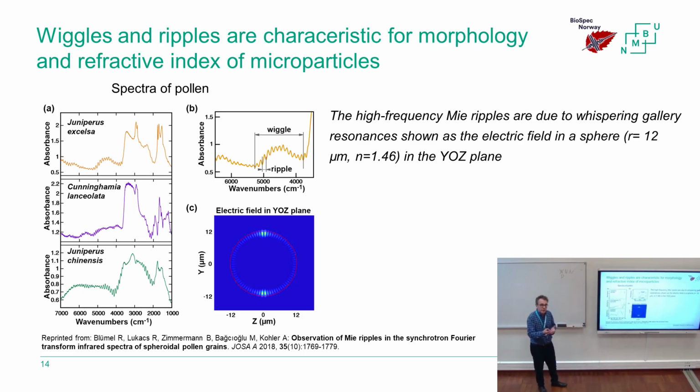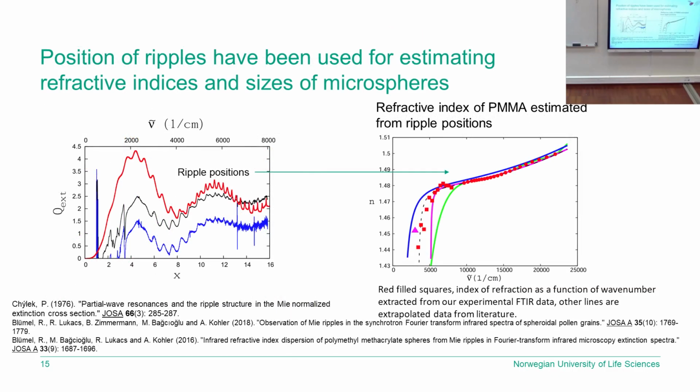So each time you have a frequency, or a wavelength, such that you can fit such a whispering gallery mode inside with a certain number of nodes, you get such a ripple here. What does it mean? The whole thing lights up, and then you lose light in all directions, and this light will not reach the detector at the end. So it looks like an absorption peak, but it's not. It's actually purely due to scattering.